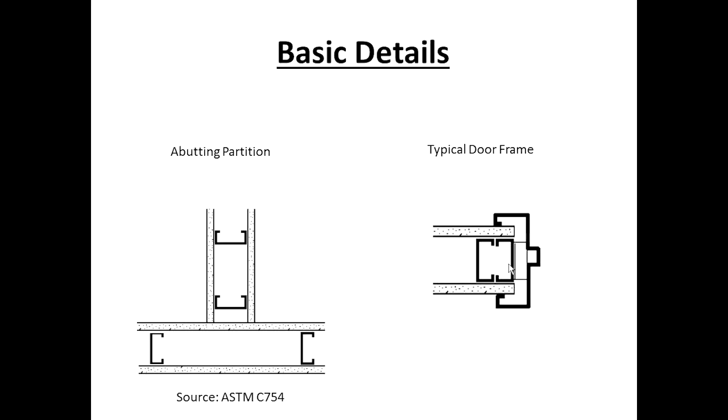The nesting, I was working on a project overseas recently, and they demanded the nested stud, and it just became a problem all the way throughout the project, from the frames not fitting to the board splaying out, just a nightmare. Sizing these jam studs, I refer you to go to the Gypsum Construction Handbook for non-load-bearing applications. They have some guidelines based on the size of the opening and the weight of the door.